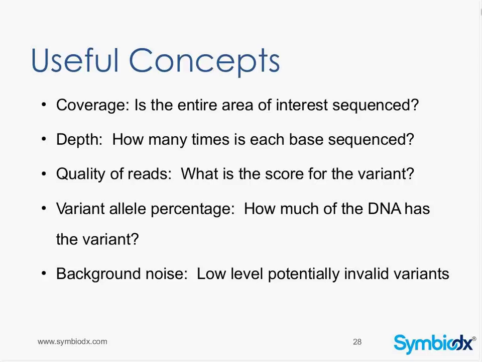We look at everything down to 2 or 3%. And if it looks like something that's a known pathogenic variant that we think may be important clinically, we'll frequently go back and try to detect it using another method, using PCR or Sanger sequencing or some other method before we can convince ourselves that it's just background noise. So this is a useful concept to recognize.